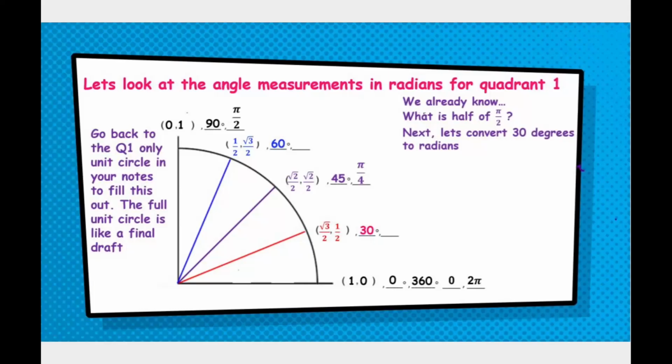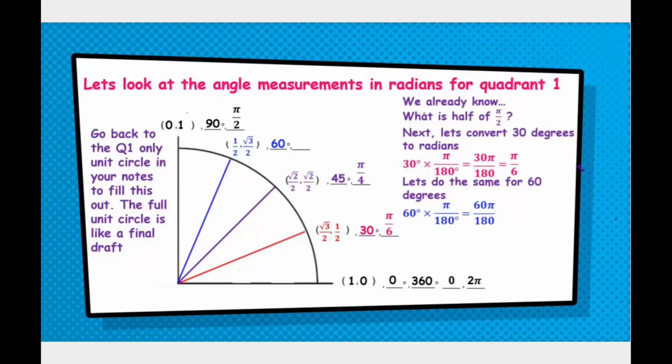I'm going to show you a shortcut for this later on. I'm going to convert 60 and 30 degrees to radians by multiplying by the conversion factor pi over 180. That gives me 30 pi over 180. Let's simplify that. That gives me pi over 6. And then if we do the same thing for the 60 degrees, that gives me pi over 3.